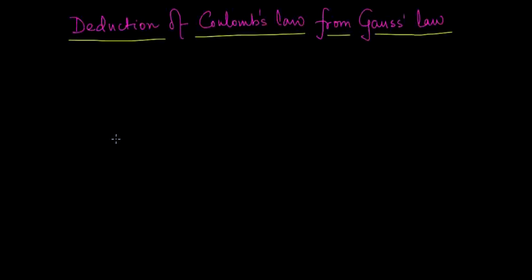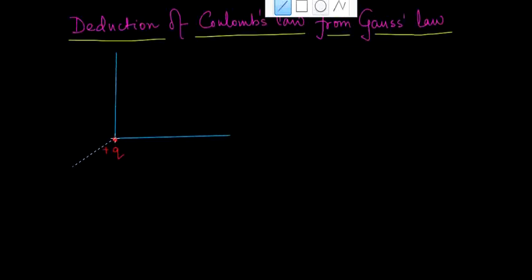Let's take a point charge. Let's make this red because we are taking red as the plus q charge. Suppose this charge is plus q. Now let's coordinatize this charge. That means we need a coordinate frame, and I want this charge to be at the origin. Suppose these are the coordinate axes.